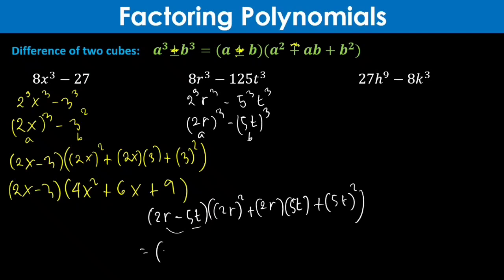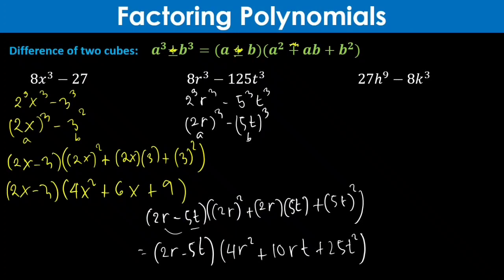Let's continue here. It's 2r minus 5t. The square of 2 is 4. The square of r is r squared. 2 times 5 is 10rt, plus 5 squared is 25t squared.